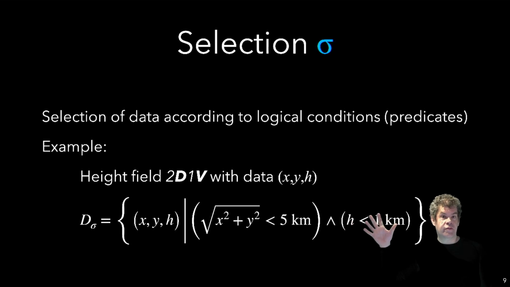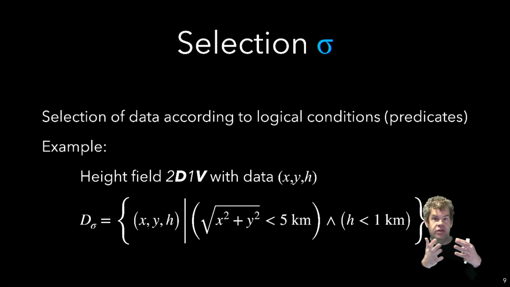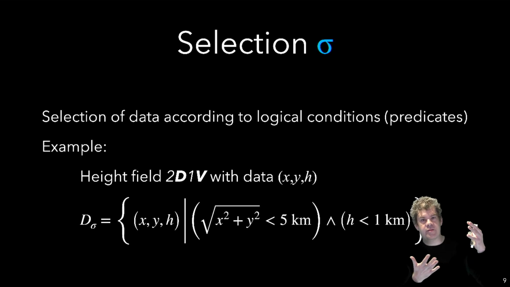What would that do? Well, it would filter out any mountain that is not within 5 kilometers of the origin. So you see that there's usually some sort of semantic to these functions. There's some meaning. We choose them for a reason, but we can also just express them mathematically. What we get in the end would be a selection of these mountains, but those are x, y, and height, in other words, x, y, z coordinates.